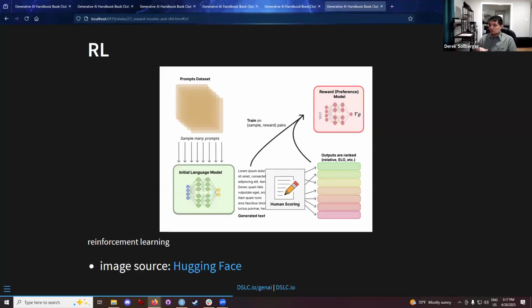And you can see there in the middle of the diagram, human scorings involved. Whatever scoring mechanism you have, such as positive versus negative, would be the rewards in the reinforcement learning mentality.